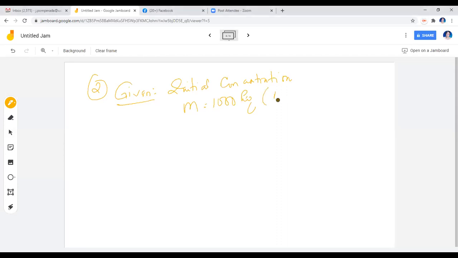Okay, sodium sulfate. And you have mass of water 5,000 kilograms. This is water. You'll have the initial concentration, and I like to label that as C sub 0.